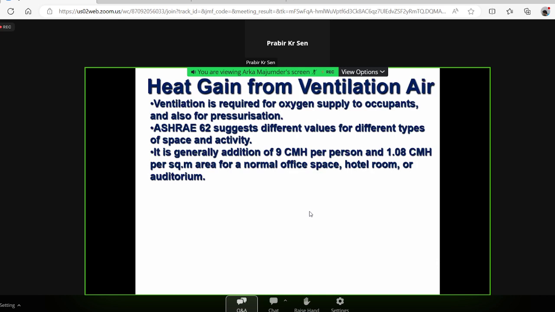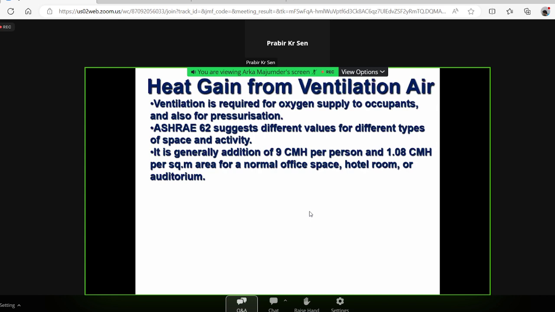For general office space, hotel room, or auditorium, we should give 9 cmh per person, or 2.5 liter per second per person, for breathing purpose, and additionally 1.08 cmh per square meter of area, or 0.3 liter per second per square meter of area, for making the room overpressure, considering a standard amount of leakage.